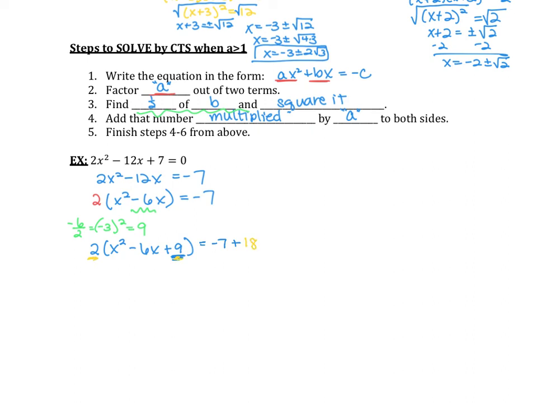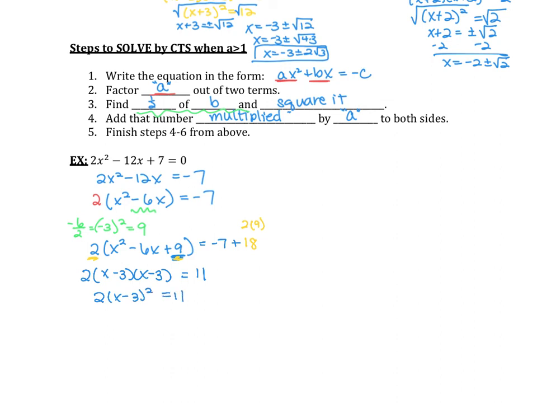So really what I'm adding is 18 to this side. We get this from doing 2 times 9. And then I'm going to continue the process. So I'm going to factor x squared minus 6x plus 9 to get x minus 3 times x minus 3, equals 11. So then we get 2 times x minus 3 squared equals 11.